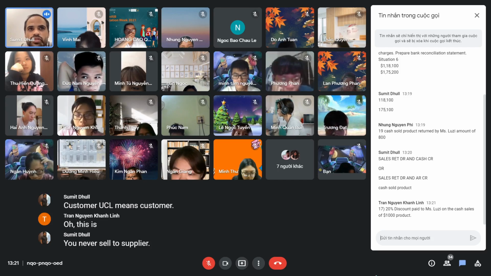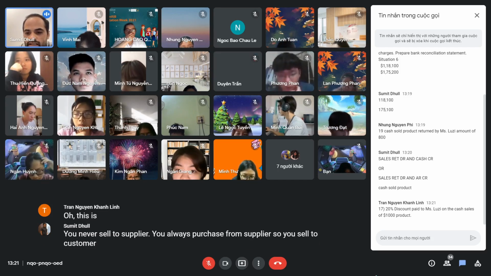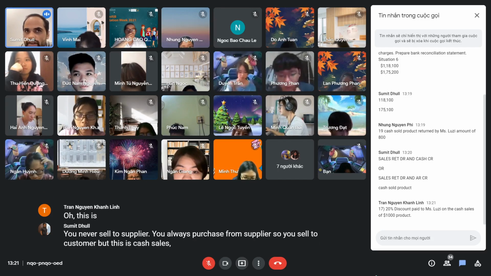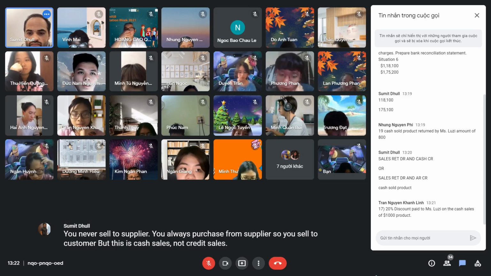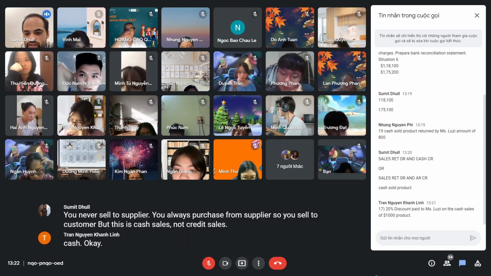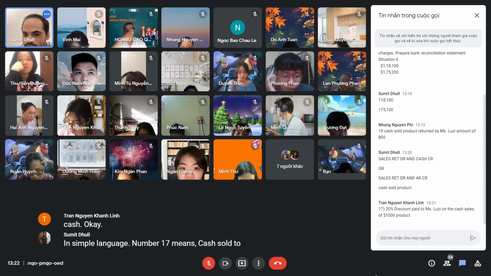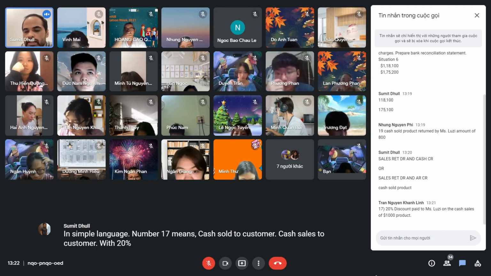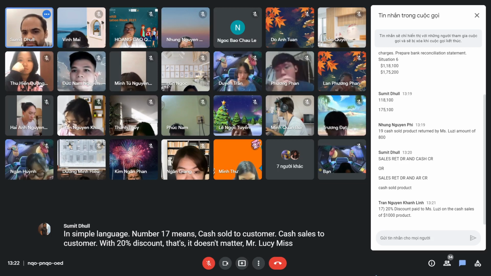You always purchase from a supplier, so you sell to a customer. But this is a cash sale, not a credit sale. In simple language, number 17 means cash sold to customer with a 20% discount. That's it. Doesn't matter Miss Lucy.